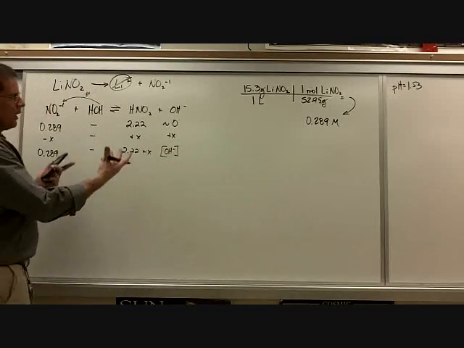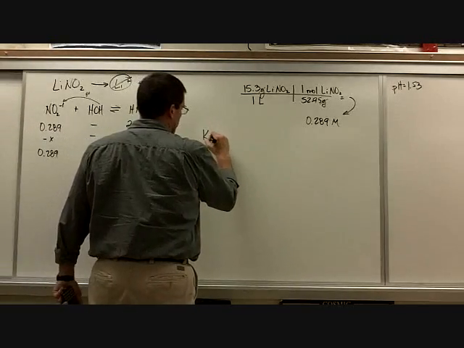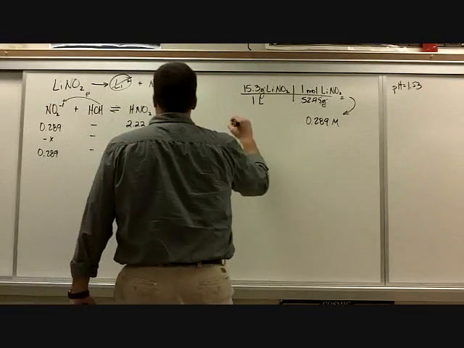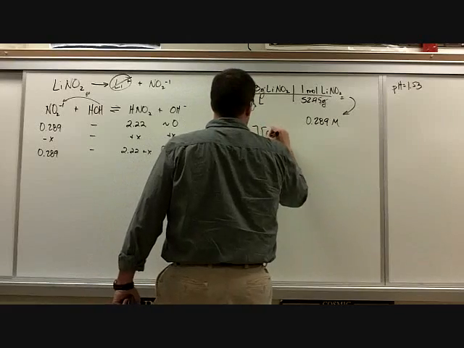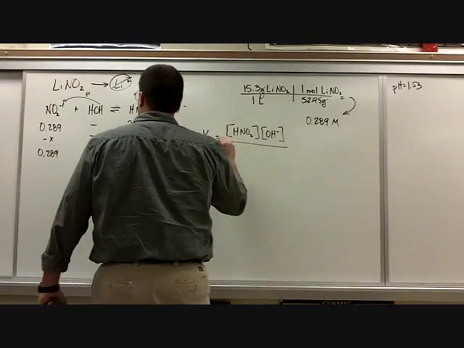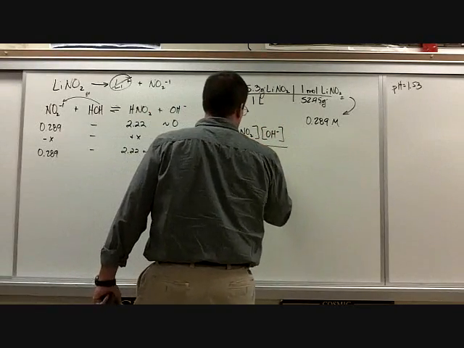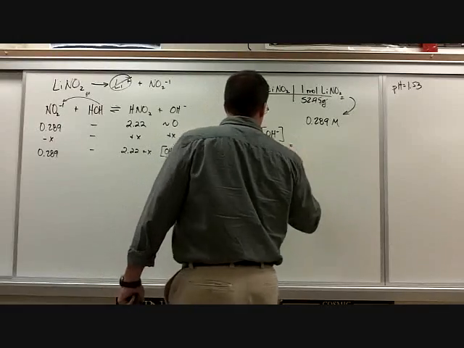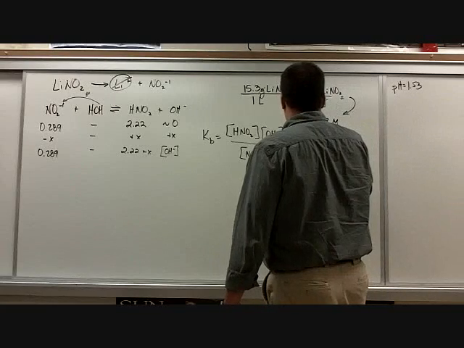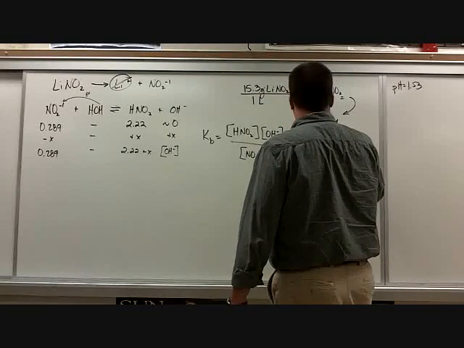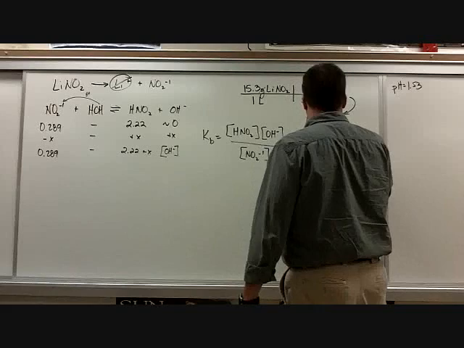Okay. So we need to write our Kb. So products over reactants, HNO2, NO2. So we have 2.22 plus X times the hydroxide.